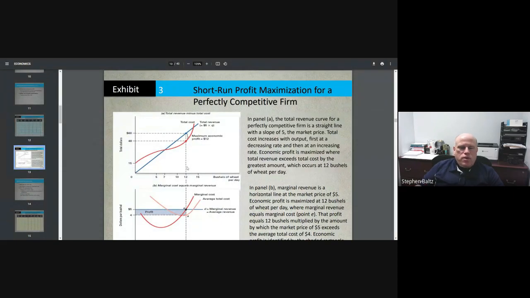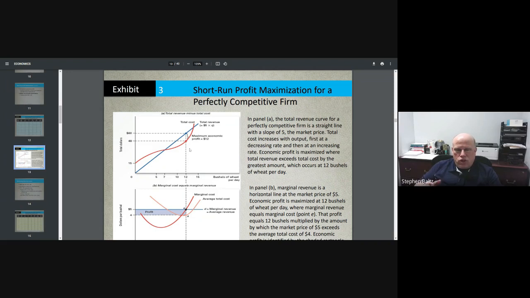Let's see. So this Exhibit 3 is a good thing to look at because it shows the relationship between total cost and total revenue, and then how it applies as far as looking at marginal revenue and marginal cost.